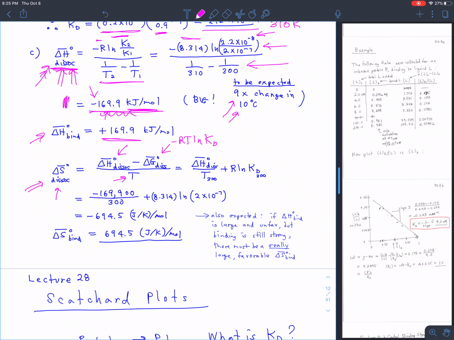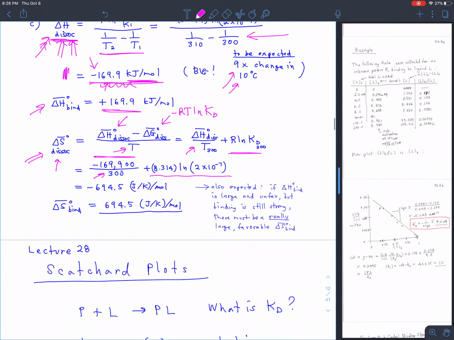Let's choose 300 K. And so we get delta S equals delta H of dissociation divided by 300 K plus R log of Kd at 300 K. Plugging the numbers in, minus 169.9 over 300, plus 8.314 log of 2 times 10 to the minus 7. And that gives us a negative 694, a very large negative delta S of dissociation.